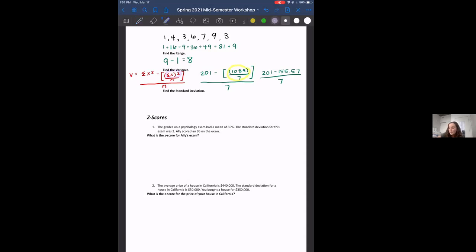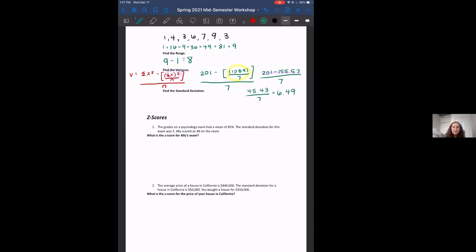So just this top part. 45.43. Good. So 45.43 divided by 7. Okay, so what's that? 6.49. Good. So that's our variance, right?